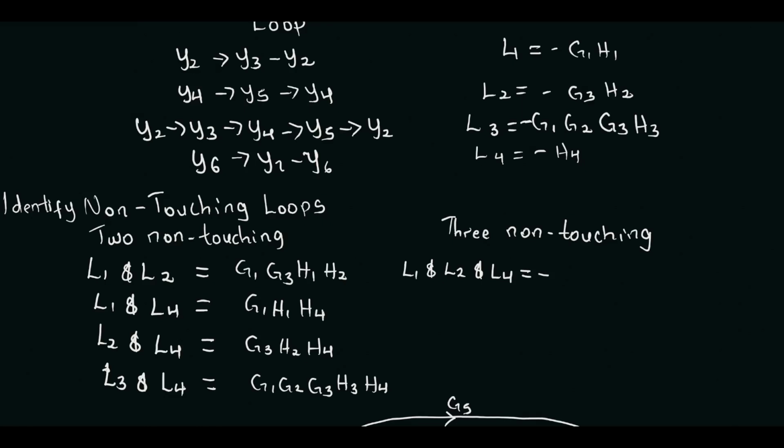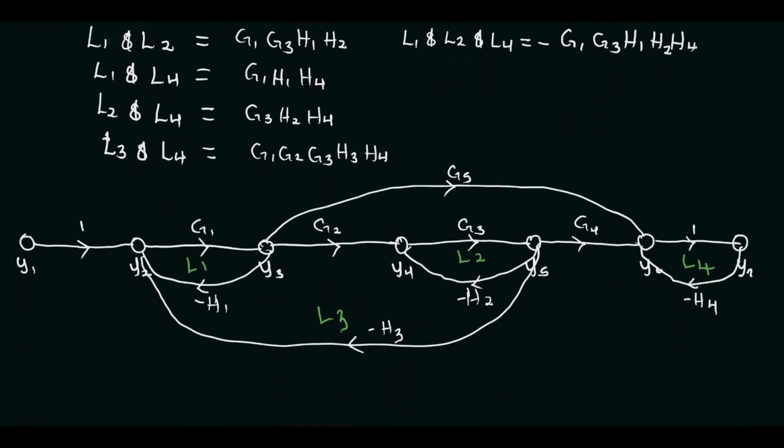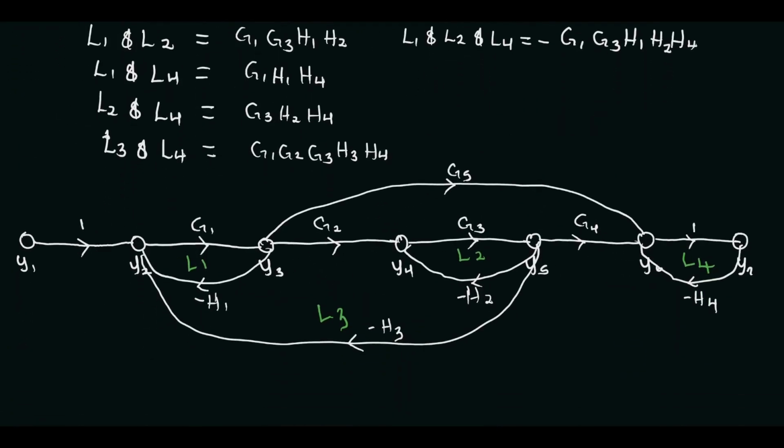That's minus G1, G3, and so on. I'm multiplying the gains first. Then H1, H2, H4. We are done with the non-touching loops.